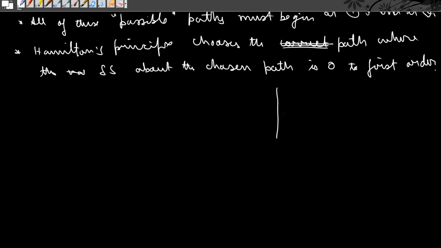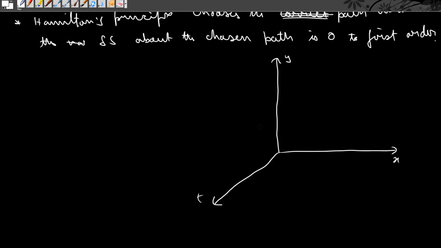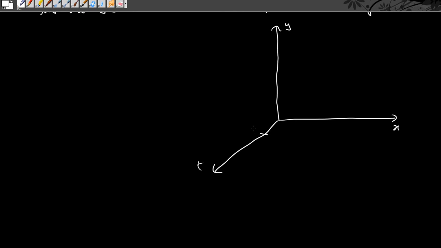So we have our y-axis, our x-axis, and the time axis like this. We already know x1, y1, t1 and x2, y2, t2. That means let this be t1, this be x1, this be y1, and let this be t2, this be x2, this be y2.